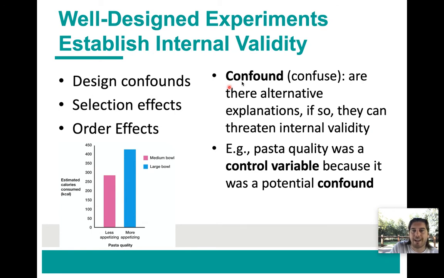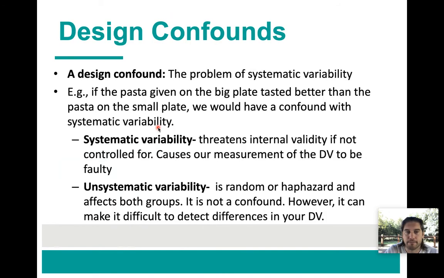So confounds is sort of the general term. And then within confounds, we can have different things like selection effects and order effects. We'll get to those, yes, in just a slide or two. So another word about confounds.